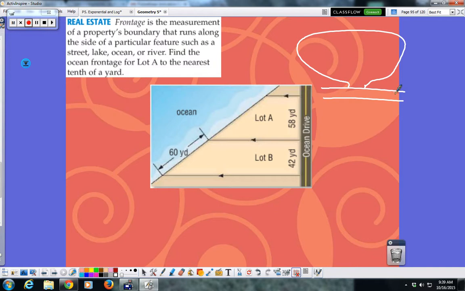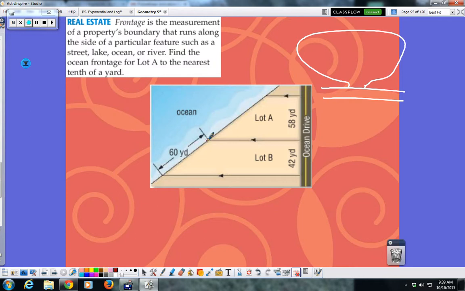So it says find the ocean frontage for lot A to the nearest tenth of a yard. You have Ocean Drive here, and then you have lot A and lot B. Ocean Drive has 58 yards of road frontage for lot A. Lot B has only 42 yards of road frontage. Lot B has 60 yards of ocean frontage, and we want to know how much ocean frontage lot A has.